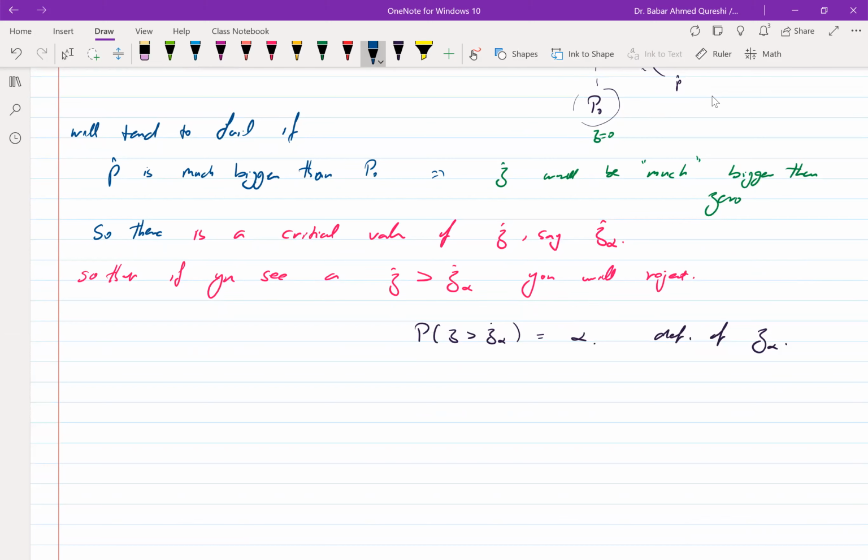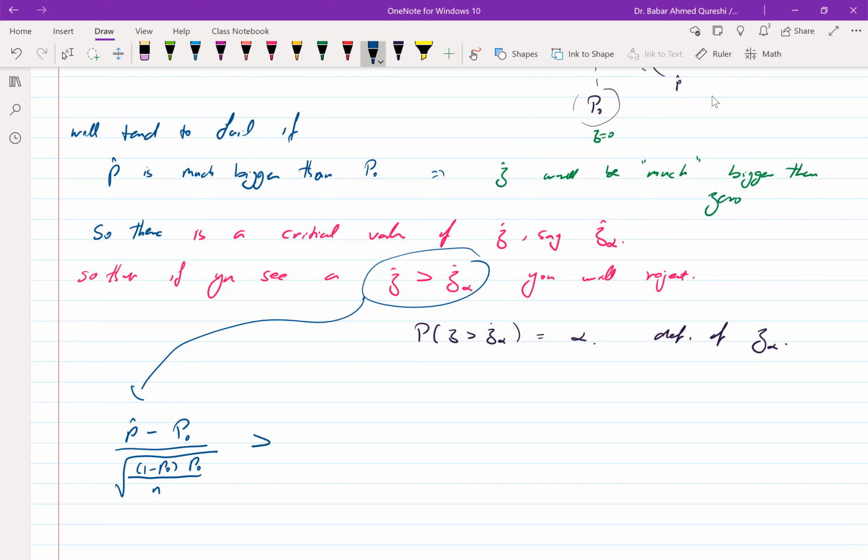So that means if I write this equation, this is saying p hat minus p naught over the square root of p naught times 1 minus p naught over n, because in the original formula you have the population proportion coming in here, so we just use the assumed one because that's what we're testing. I open this up and it's saying that this should be greater than z alpha.